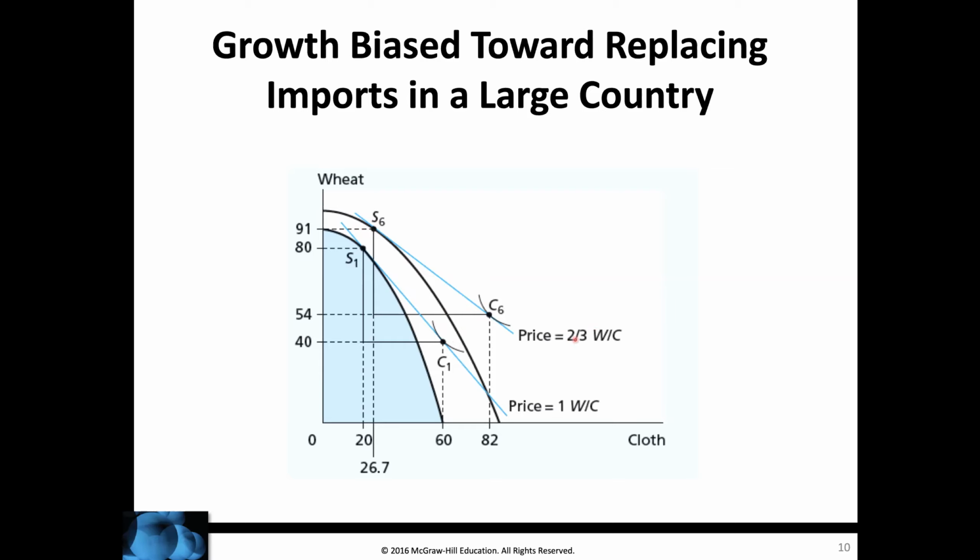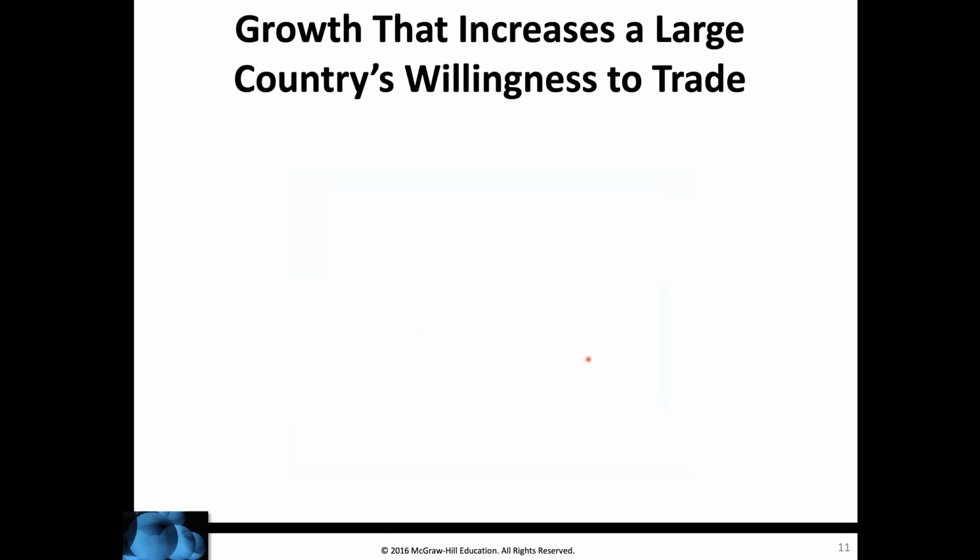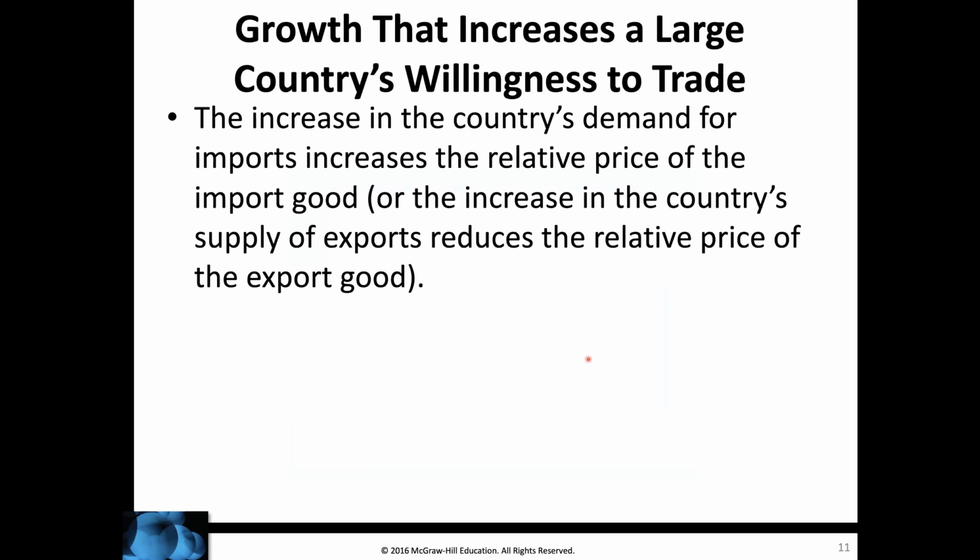And so this gives us this 2/3 wheat for cloth. Now, growth that increases a large country's willingness to trade: the increase in the country's demand for imports increases the relative price of the import good, or the increase in the country's supply of exports reduces the relative price of the export good.